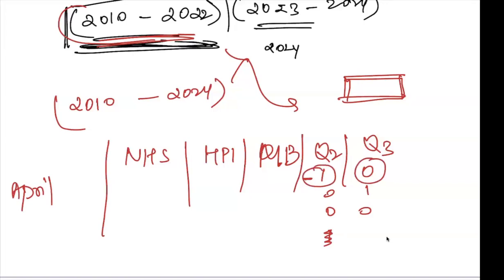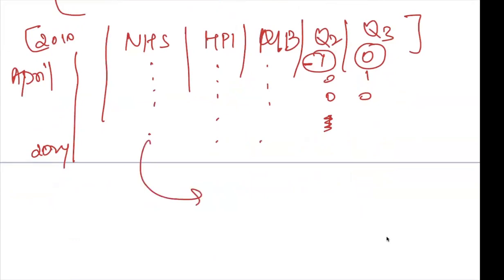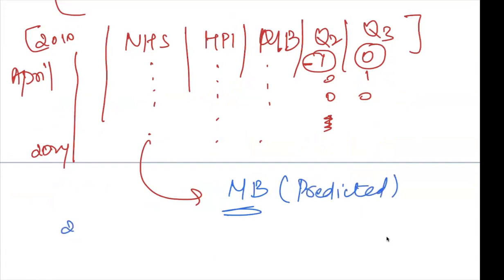Let's say from 2010 to 2024, you'll have this bunch of data. You'll run your model on this data, and after you run your model, you'll get your mortgage balances, which is your predicted data from 2010 to, let's say, 2024 or 2022, depending on what historical period you are considering.